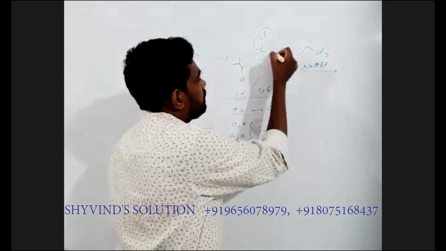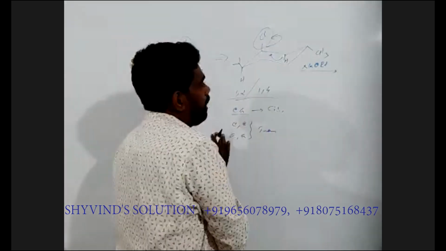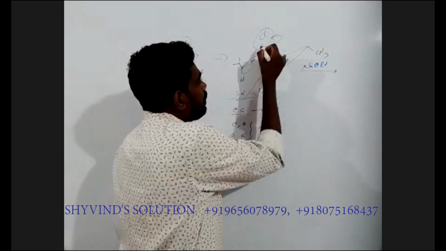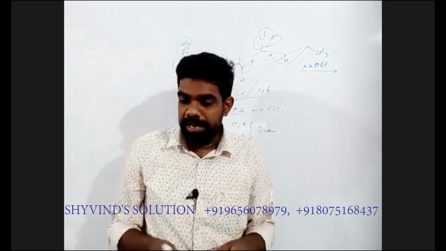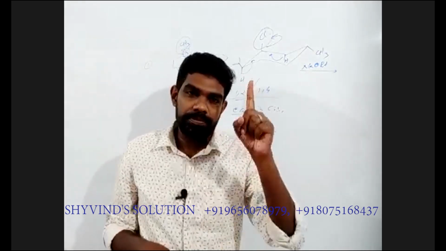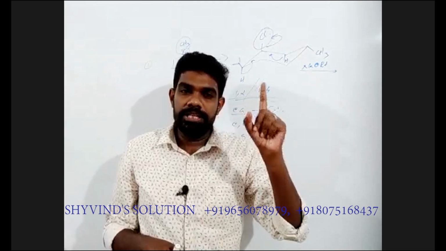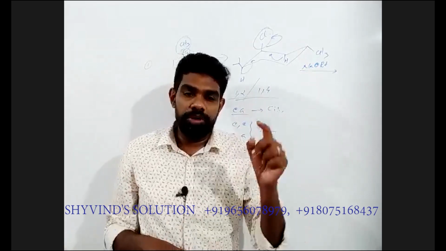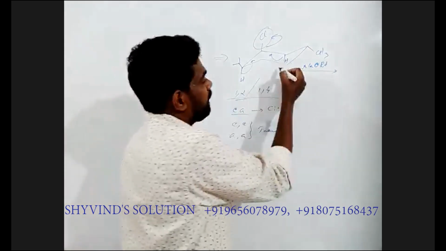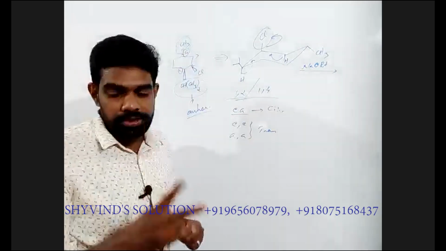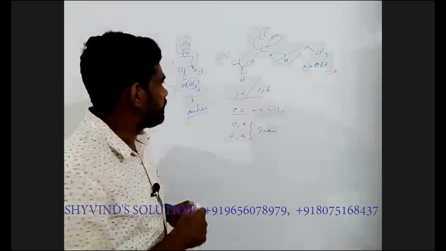So this can form a product, and this also can form a product. So we should expect two products. But in the options, only one product is given. In this particular case, you should get two products, so definitely this is not the option.